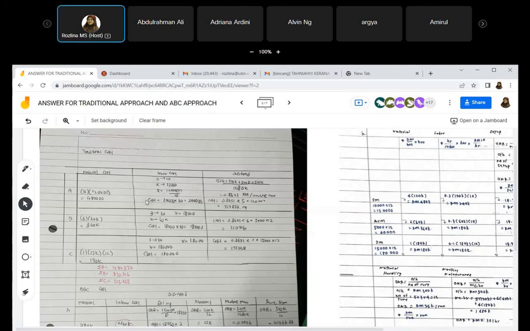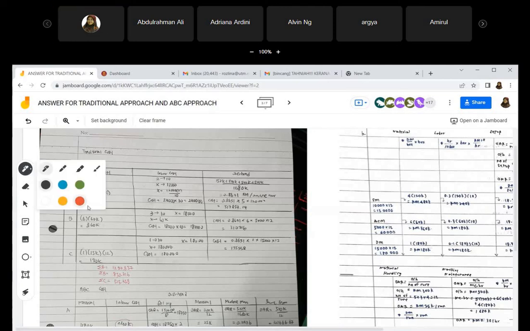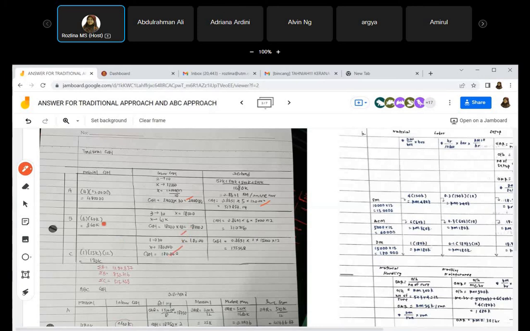Okay, but I can see the traditional. Okay, 86 per machine hour. Okay, good. Correct. Right. 1, 2, 3, 6. It's the same.